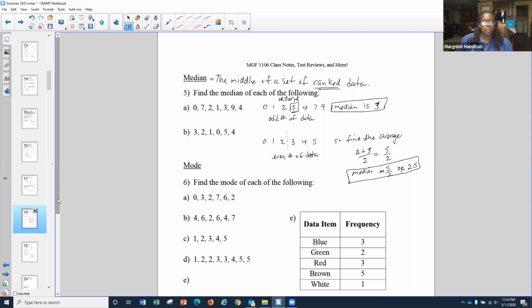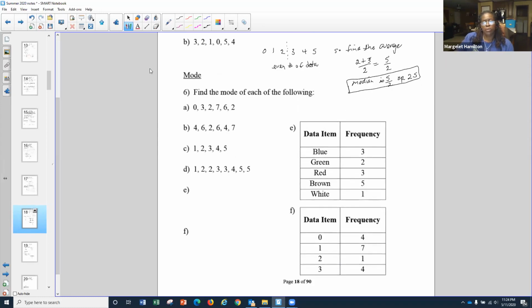The mode is most frequently occurring piece of data.